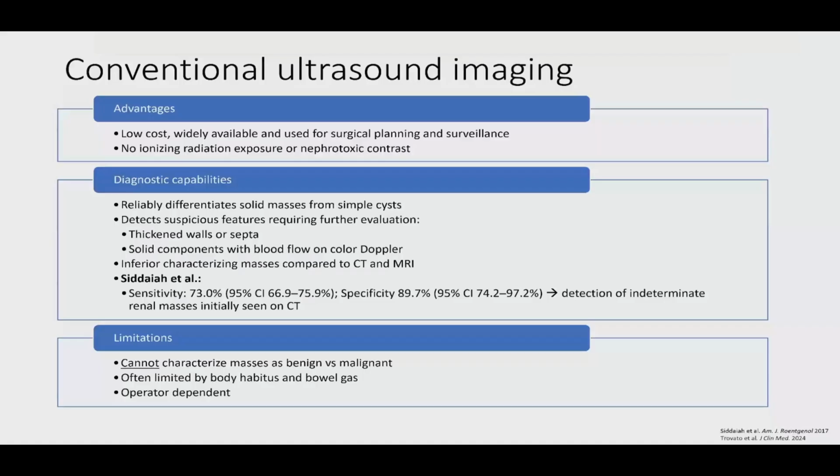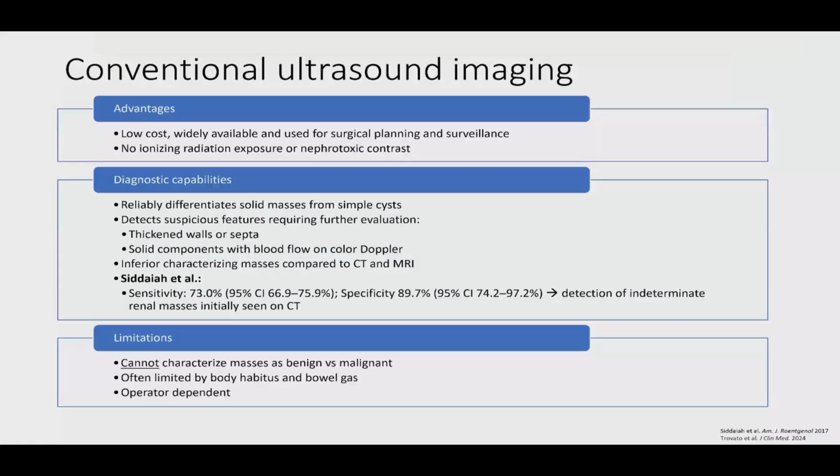First, conventional ultrasound imaging is widely available, very cost-effective, and routinely utilized for surgical planning and surveillance of renal masses. It doesn't utilize any nephrotoxic agents or ionizing radiation, and it reliably differentiates solid masses from simple cysts.